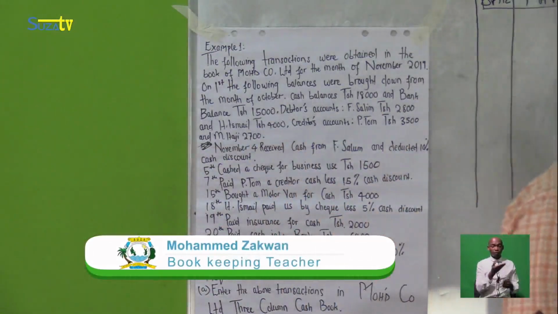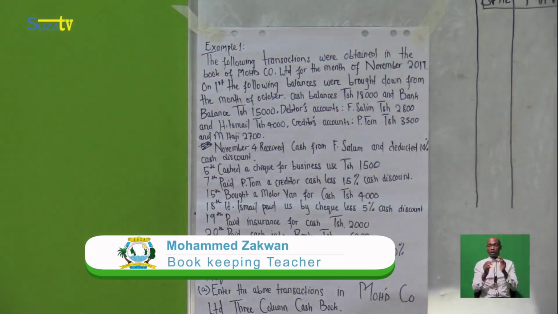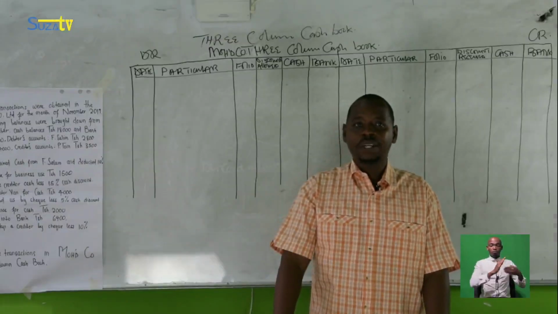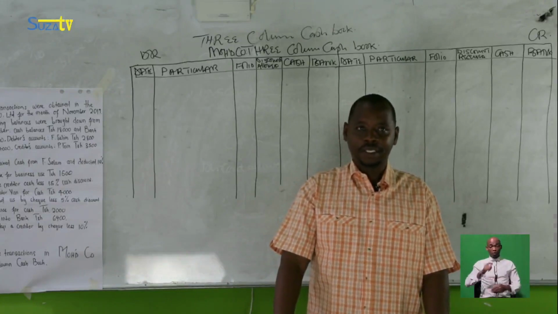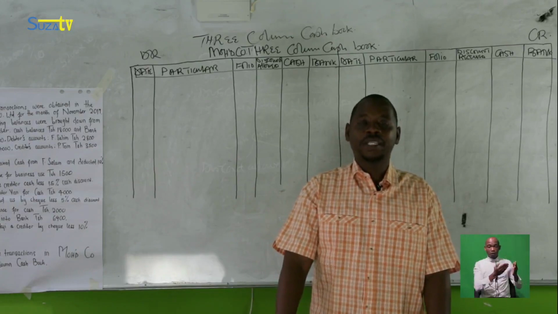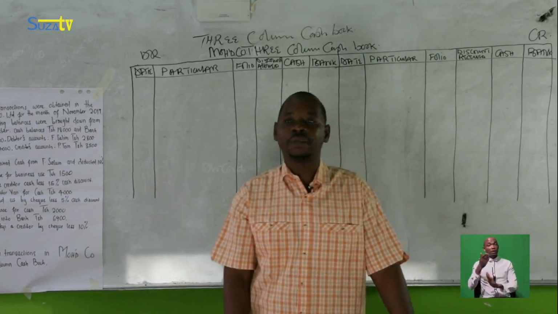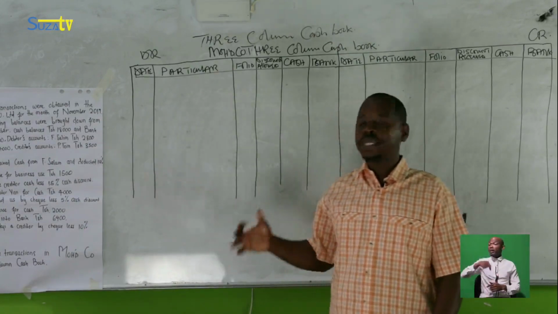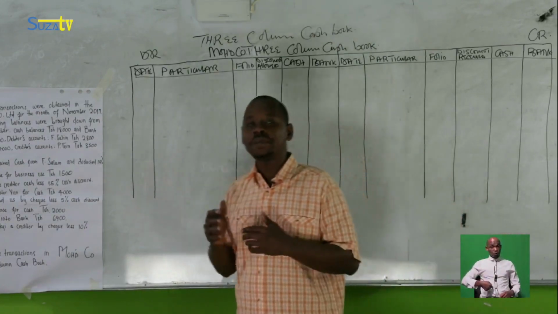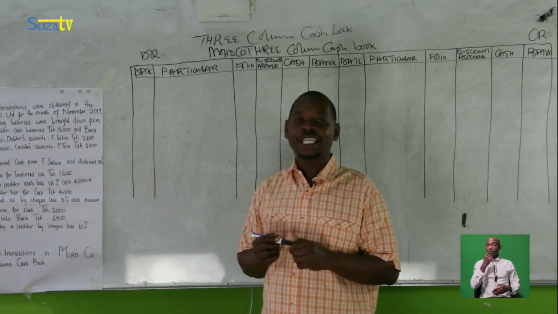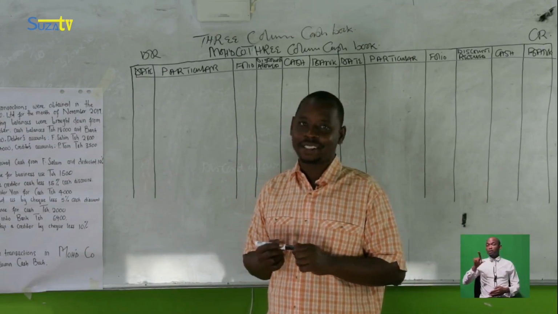I think you remember that in the previous lesson, when the owner of the business started a business, the amount he started the business with is known as capital. But now, the owner of the business continues with the business. You may not say capital, you just say balance.